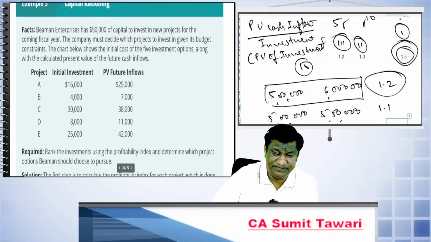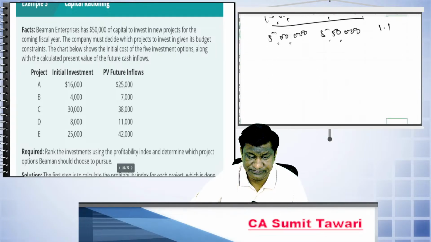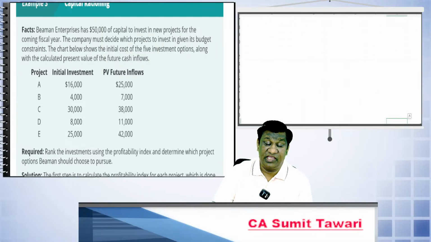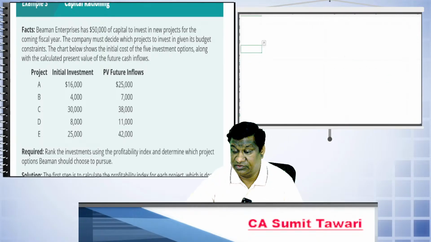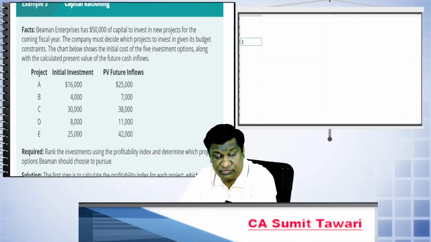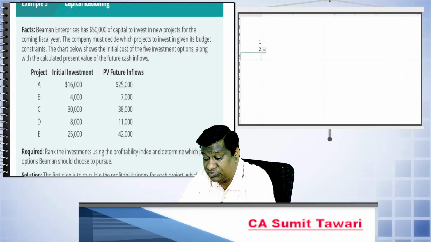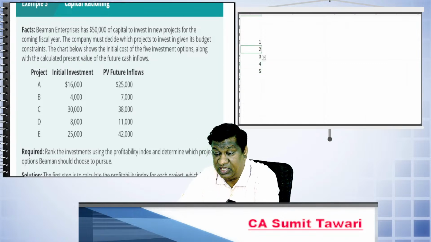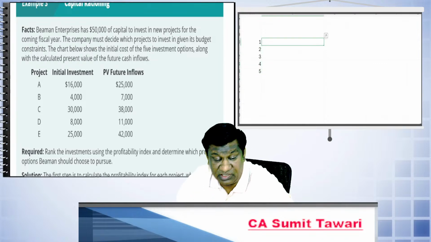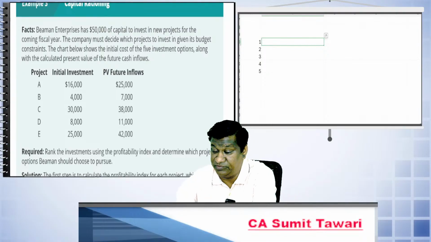So we will see this example. They gave the initial investment and the present value. They have only 50,000. We need to first calculate the profitability index. There are 5 projects: 1, 2, 3, 4, 5. I will not write everything, I will just calculate the profitability index.